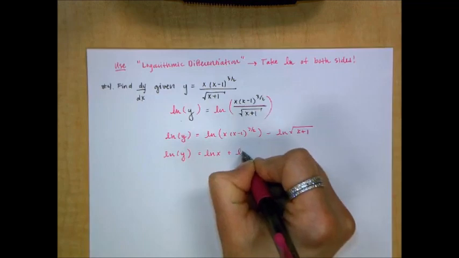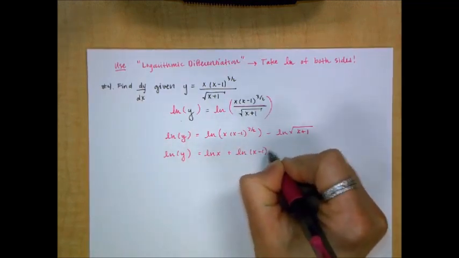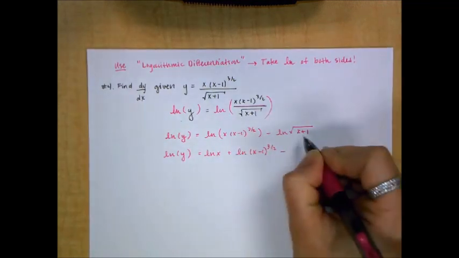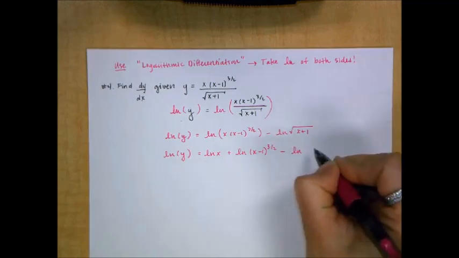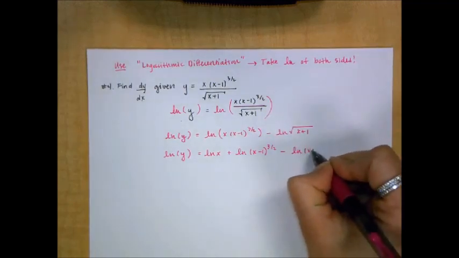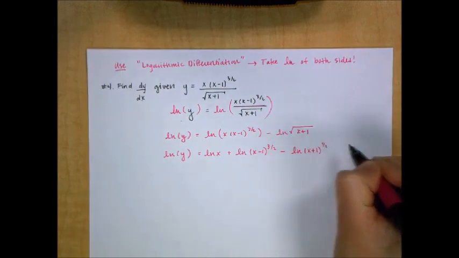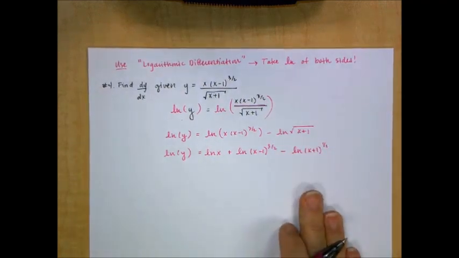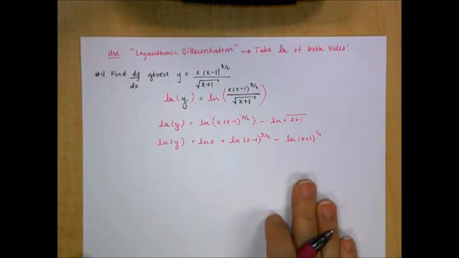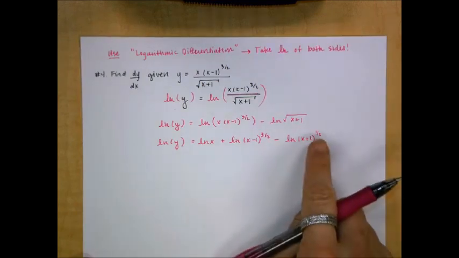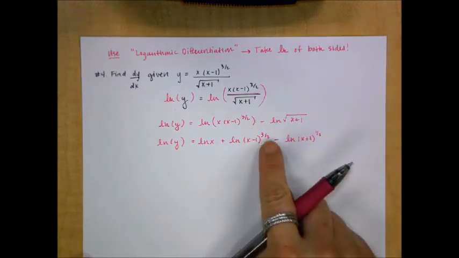The last term will just bring it down, and I'm also going to rewrite it as x plus 1 to the power 1/2. Almost ready to take the derivative here, but there's one more log property I can use, which was the power property. So I'm going to bring my powers in front of each log as coefficients.